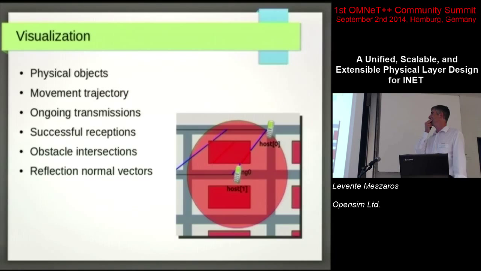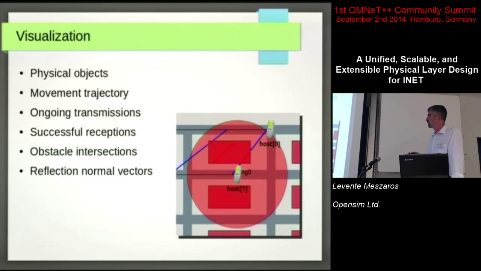And there's a new feature called visualization here. You can see a transmission. This red circle represents the arrival of the first bit to this host. And the recent movement trajectory of the node is shown here, this black line.